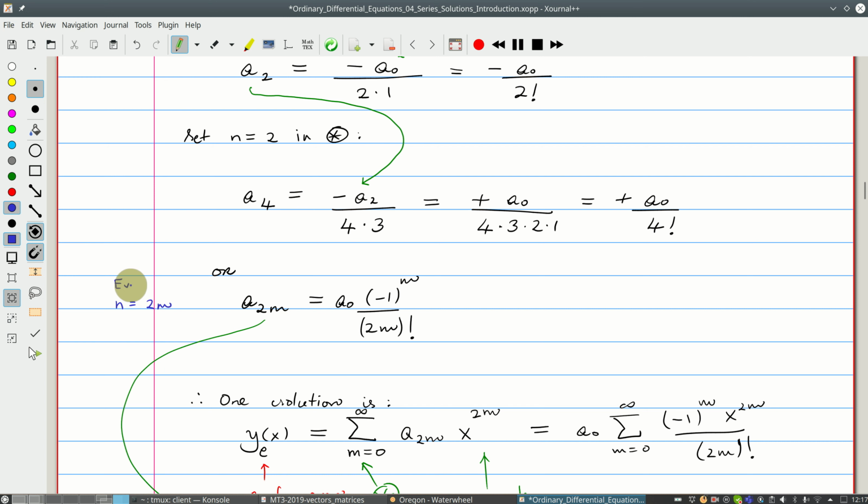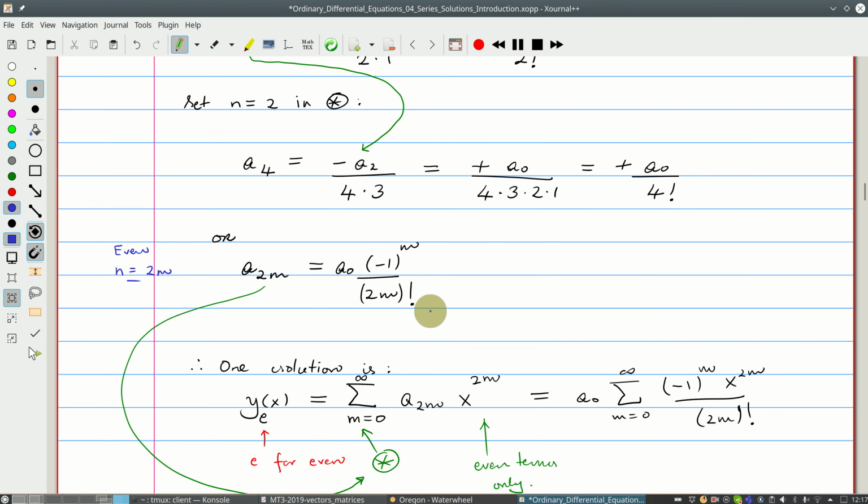This is the even case, and a of 2m is equal to a0 times minus 1 to the m divided by 2m factorial. Now you can use this formula to check and make sure that the terms you've got are the correct ones. This is the correct formula.